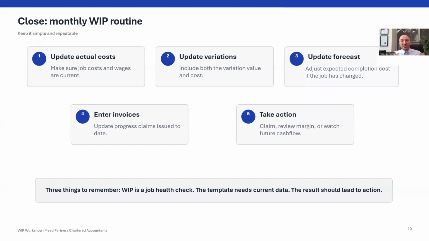So at a company level, that might only be a net WIP adjustment of 20K. So it potentially hides an issue. But also the WIP result won't be reliable. So the first step I would say is to make sure all your job costs, wages, and variations are current and traceable to a job. So practically, company level reporting isn't possible.